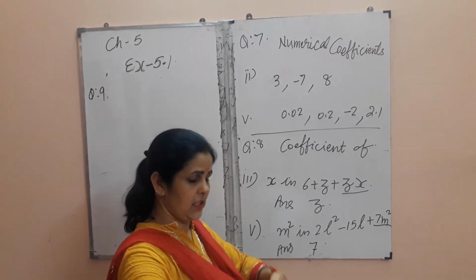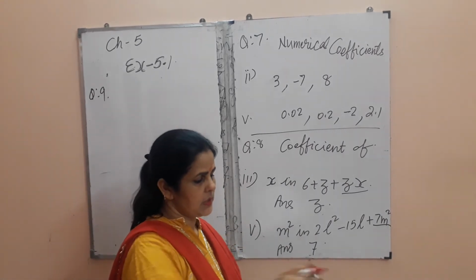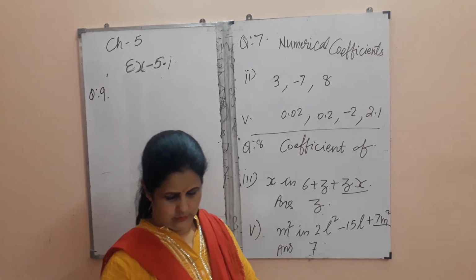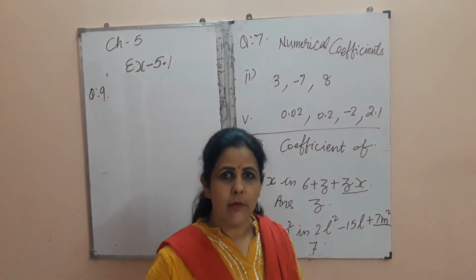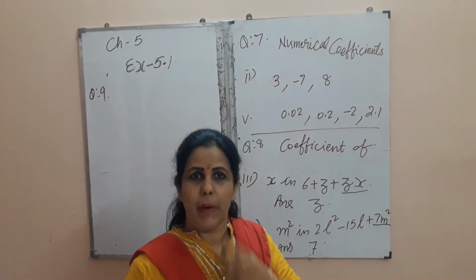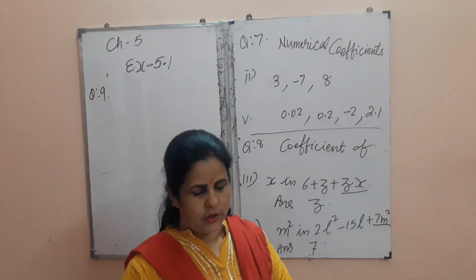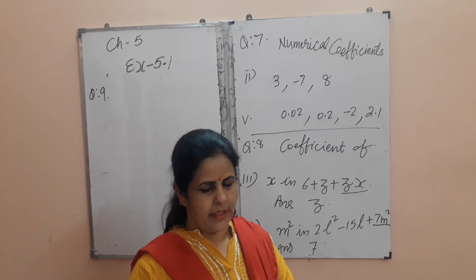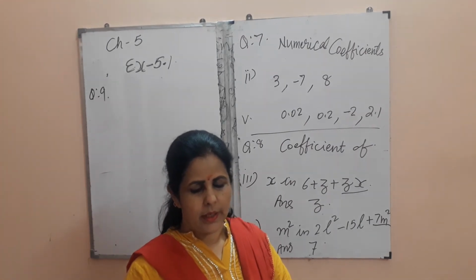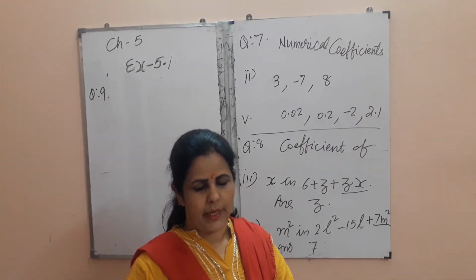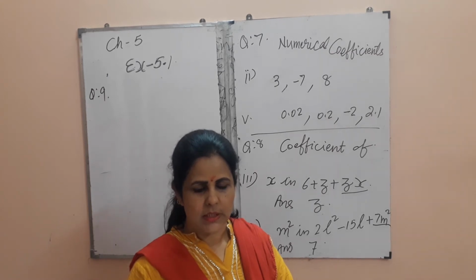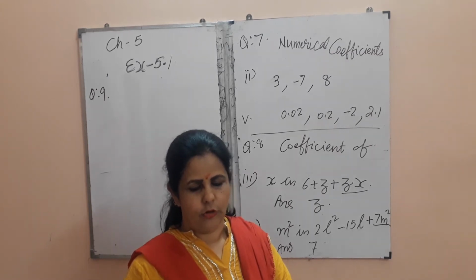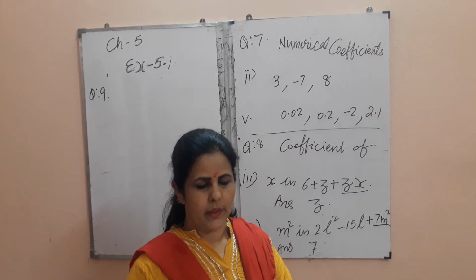So like and unlike terms, I have told you the terms having the same variables with the same part. So in this, first is like, second is also like, third is unlike. Why? Because x and y both are different variables. So third is unlike. Fourth, ab square and a square b.